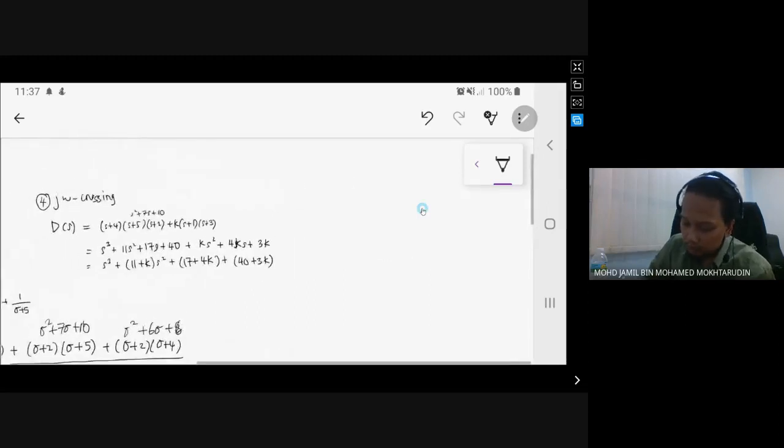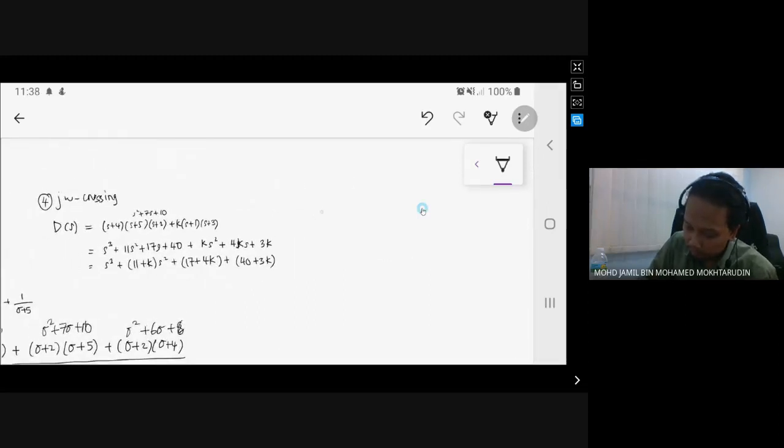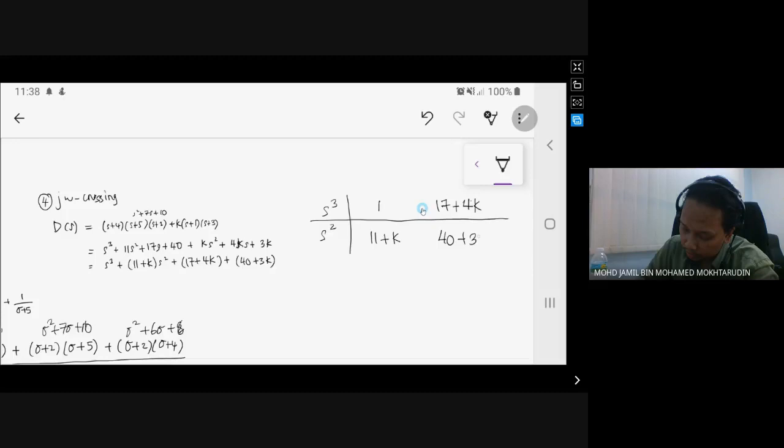Okay, and then you do the Routh-Hurwitz table. You start with s cubed, followed by s squared, then alternatingly fill the two top rows. So you get 1, 11 plus k, 17 plus 4k, 40 plus 3k. And then determine S1.